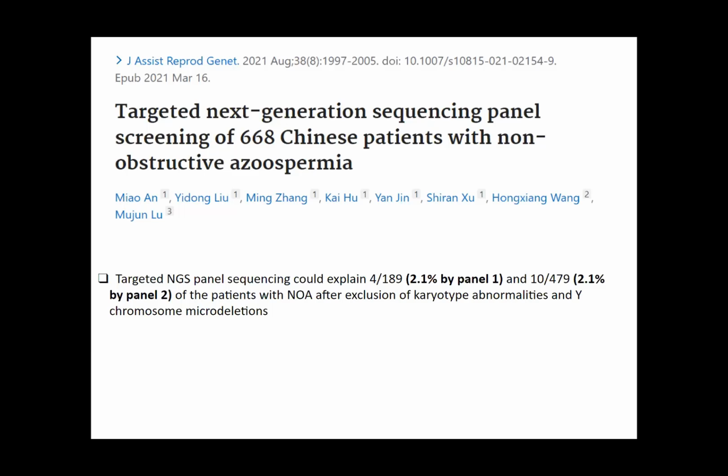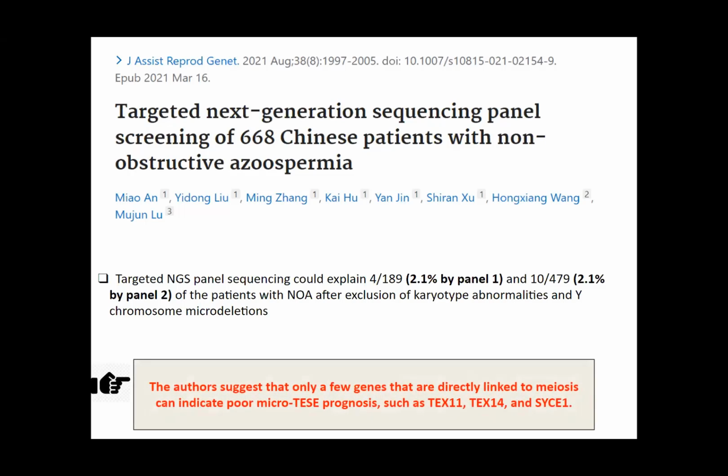A Chinese group explored 668 Chinese patients with non-obstructive azoospermia with next generation sequencing, and they reported that targeted NGS panel sequencing could explain only 2.1% by panel 1 and 2.1% by panel 2 of the patients with non-obstructive azoospermia after exclusion of karyotype abnormality and Y chromosome microdeletion.